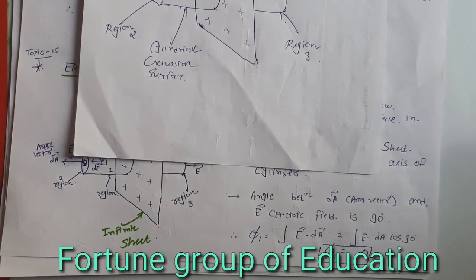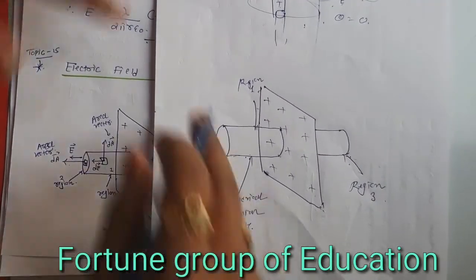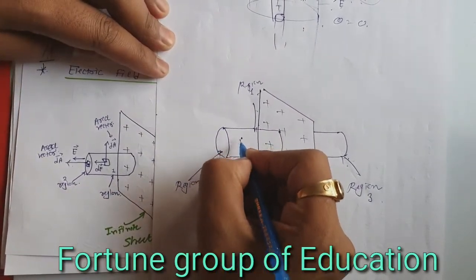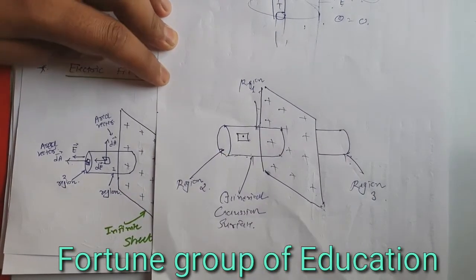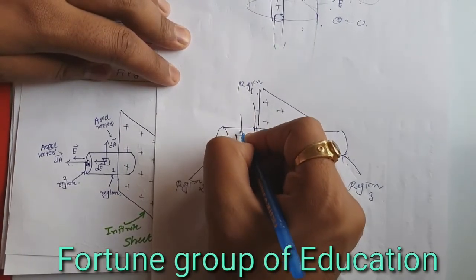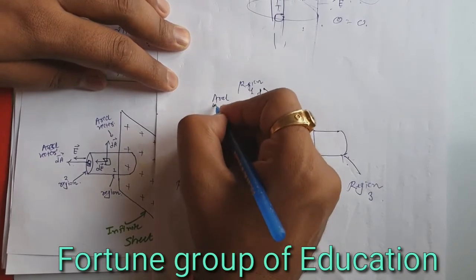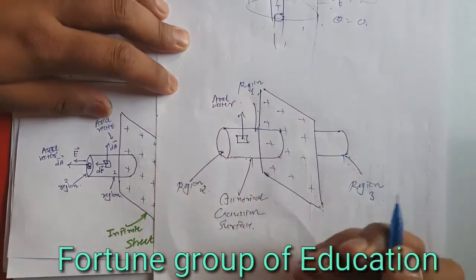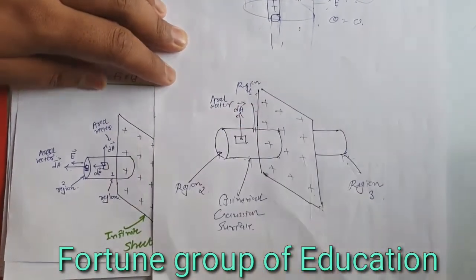Now for region 1, we have to consider a small element of the surface. The area vector is always perpendicular to the surface, and it is known as dA.